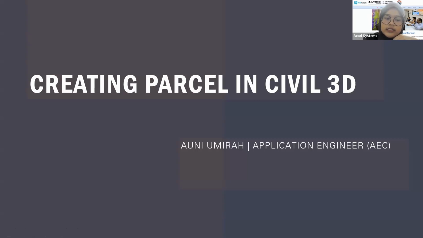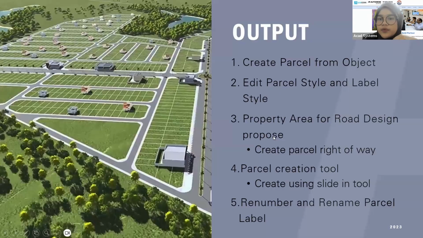Next, I'm going to share our output for today's lessons. I'm going to show you how to create a parcel from object in Civil 3D. Then we're going to edit the parcel style and the label style for the parcel.